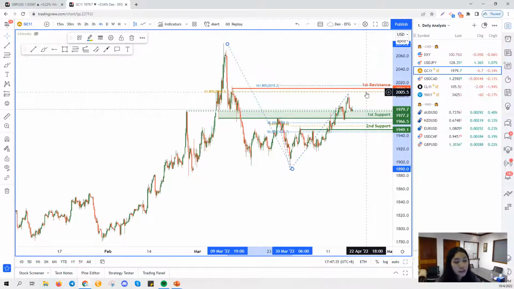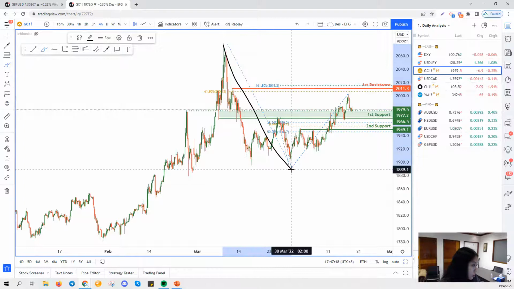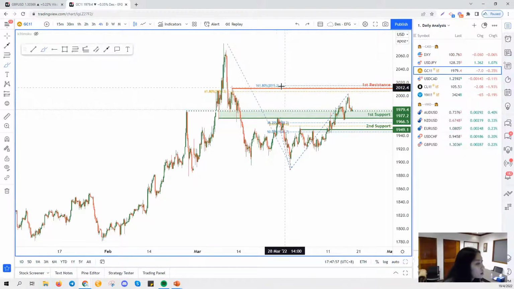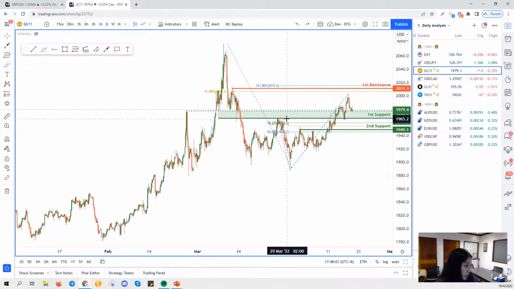So how do we get this first resistance for the Fibonacci retracement? It's going from the top over here, this area, all the way to the bottom here. So it retraced 61.8%, which is here. And for 161.8%, if you can identify, there's a positive Nike tick over here.